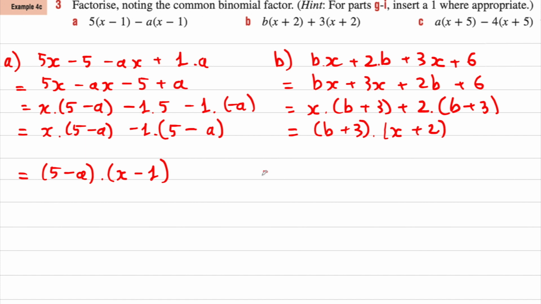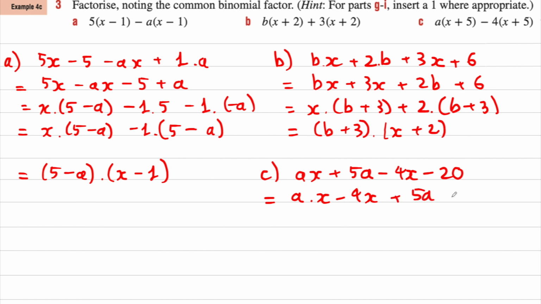And then question C, ah plus 5a minus 4h minus 20. And then you got ah minus 4h plus 5a minus 5 times 4. h outside the first two terms, a minus 4 inside, and plus 5.